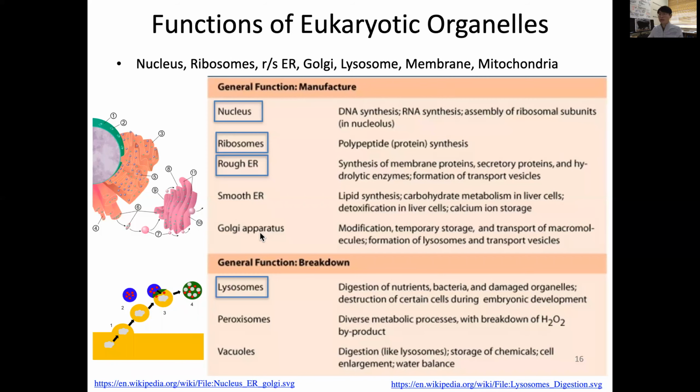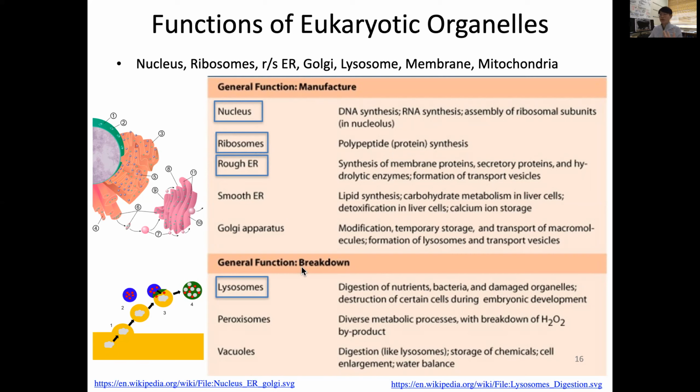One thing I want to make sure of is this picture: from the nucleus, this is connected to the rough endoplasmic reticulum, and you see these dots over here. These are ribosomes stuck onto the wall of this ER. That's why we call it rough ER, while on the other end, there is ER, endoplasmic reticulum, without this ribosome, and that's where lipid synthesis happens. We call it smooth ER.